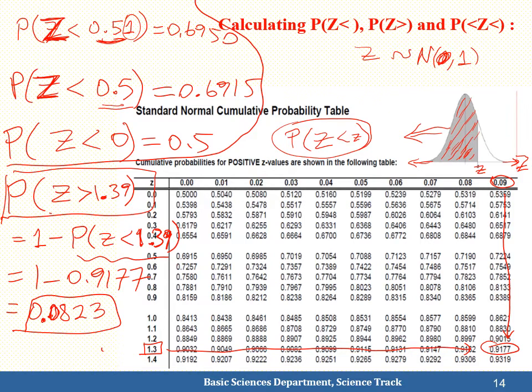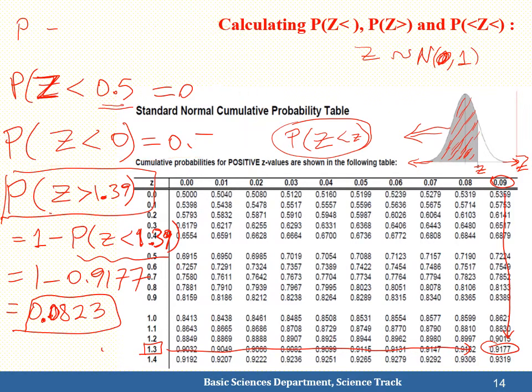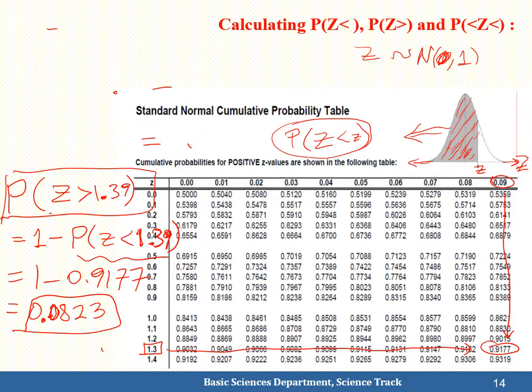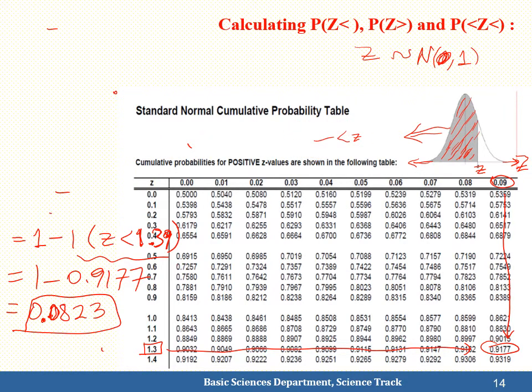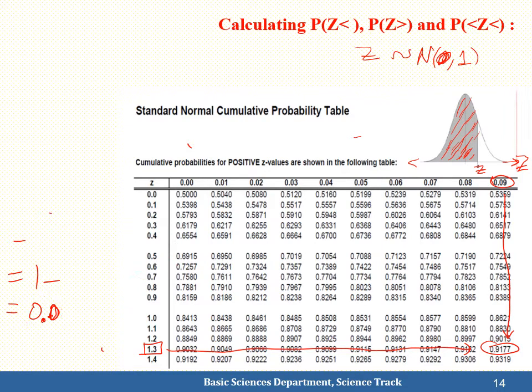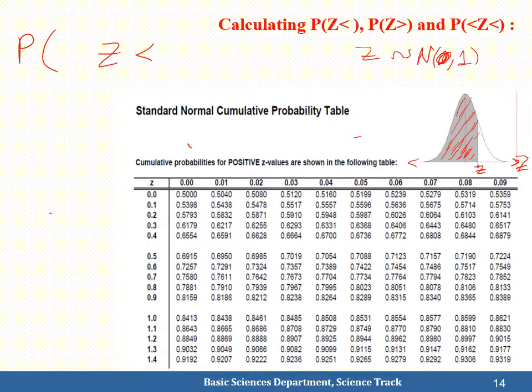Now, let's give you another example. This time z is between two values. So how can we do it? Okay. Now, what about the probability that z is less than 2.1, let's say.